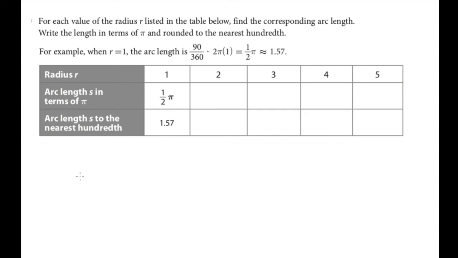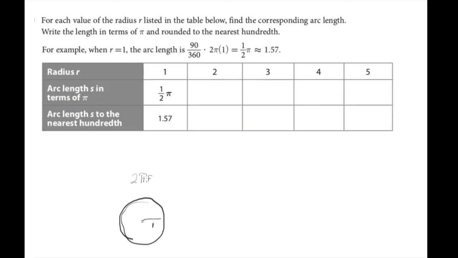If the radius is 1, then using the formula that we just discovered, the arc length is the central angle 90 over 360 times the circumference 2 pi times 1. If you calculate that, you get 1.57 or pi over 2.